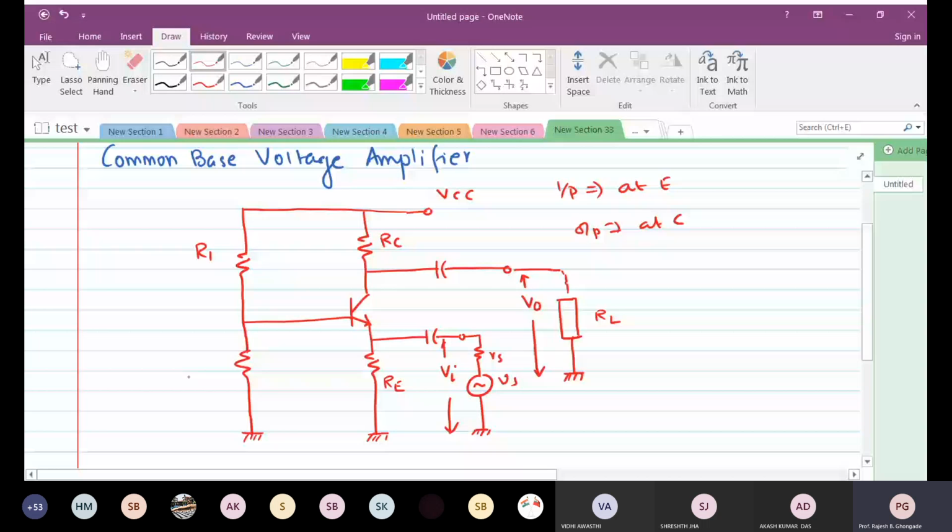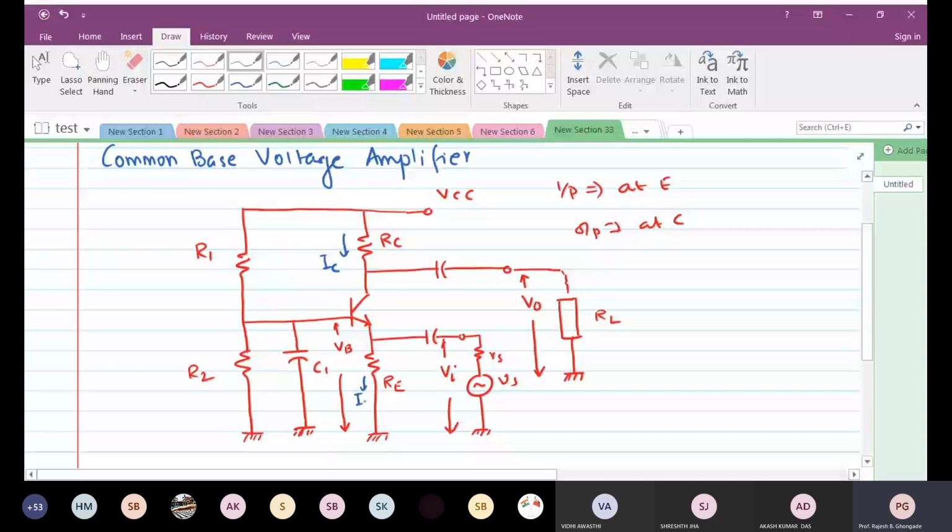Yes, this is going to be interesting. You're going to tell me why this will be your common base circuit. Anyone? By grounding.